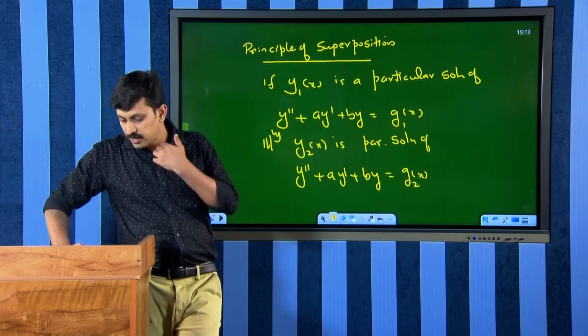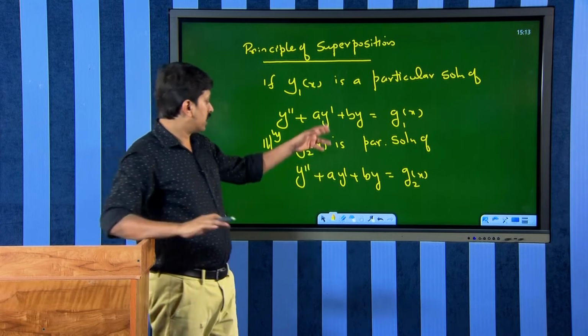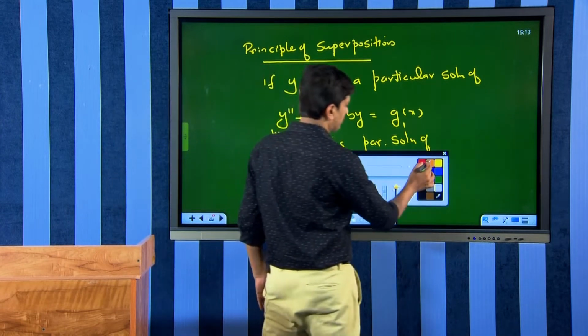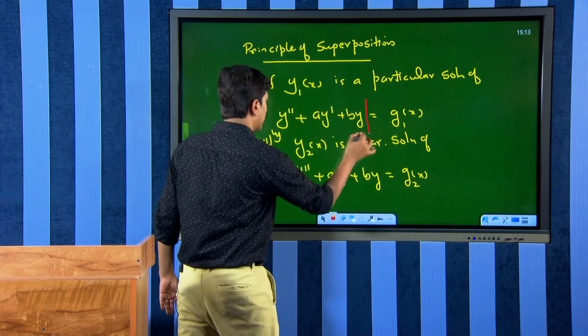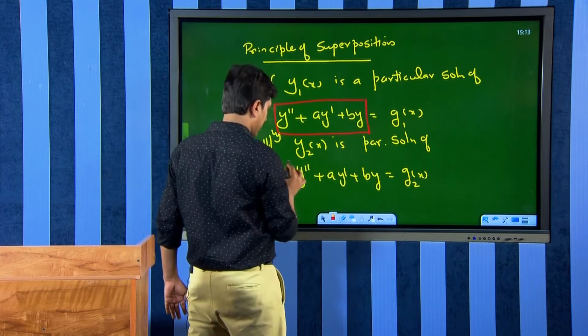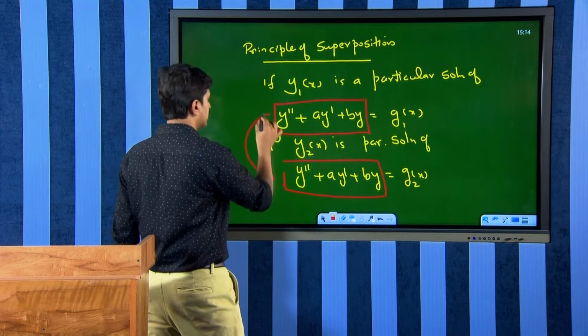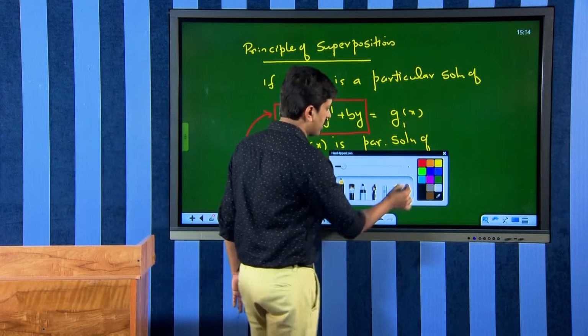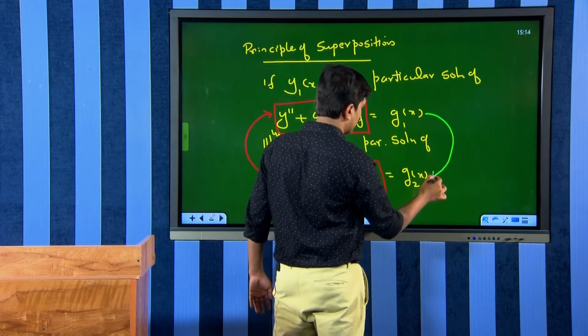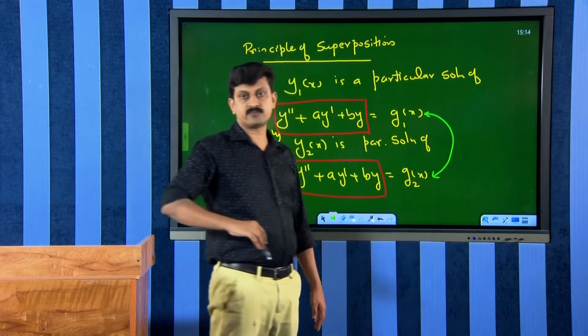Here, in both cases the left side is same, only the difference is that g1 of x and g2 of x are different.